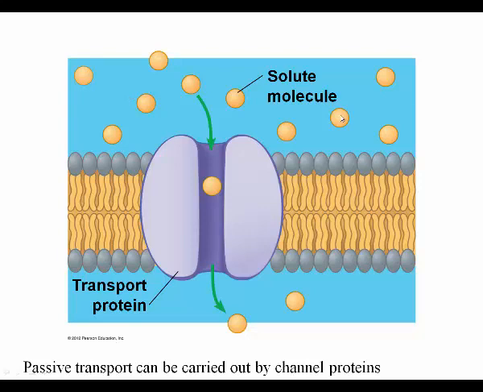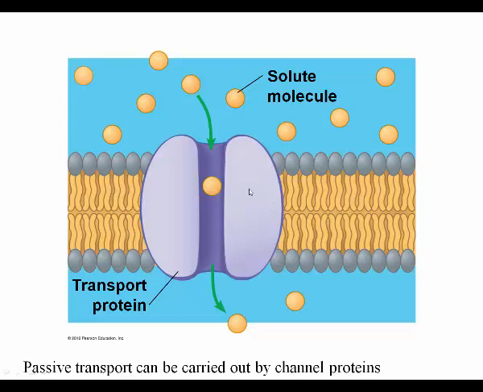So imagine we've got a bunch of sodium ions out here in greater concentration, sodium ions in here in lesser concentration, or lower concentration. This channel is just the right size and also charge to attract these molecules or ions. So let's say if these are sodium ions, maybe we have negatively charged amino acids lining this channel.